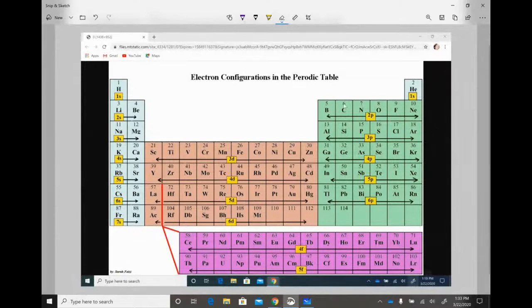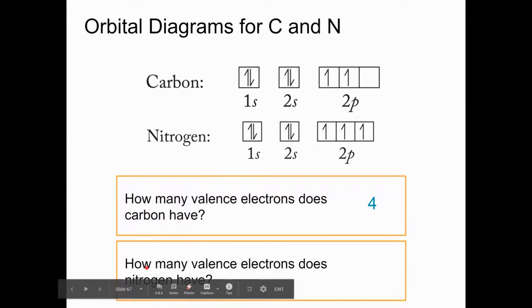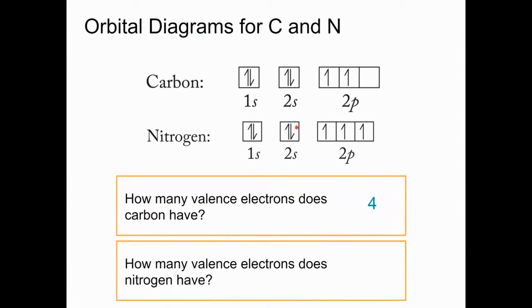Nitrogen on the periodic table is 1 farther than carbon, so we just add 1 more electron right here. To see how many valence electrons nitrogen has, we look at principal quantum number 2 and say 1, 2, 3, 4, 5. So nitrogen has 5 valence electrons.